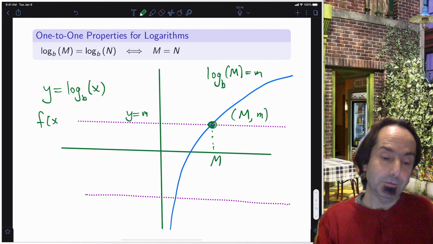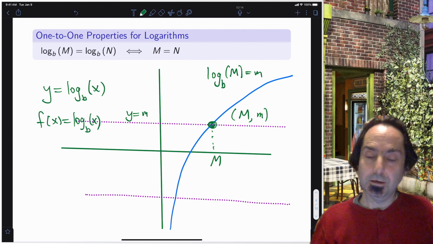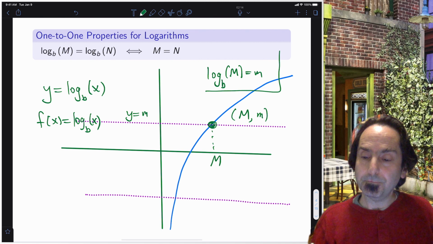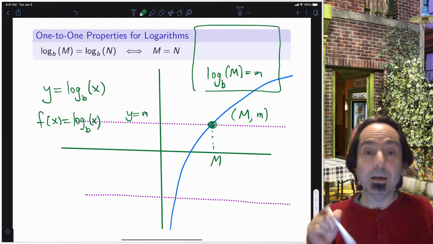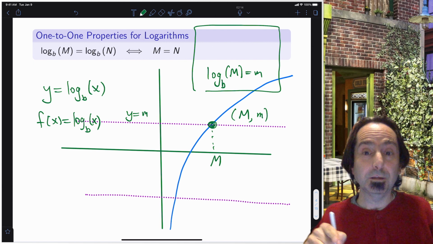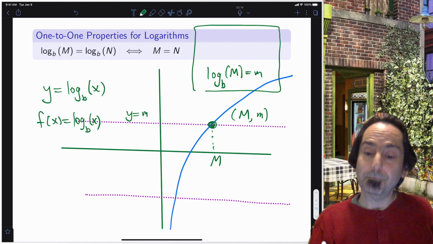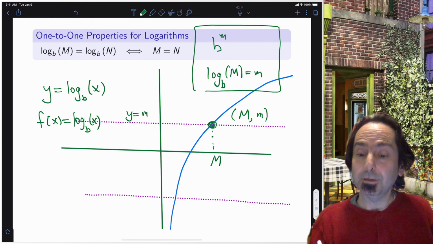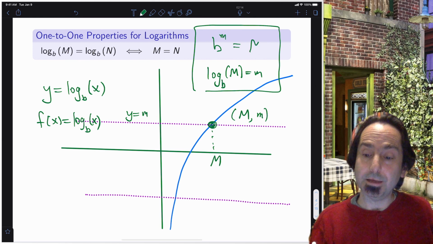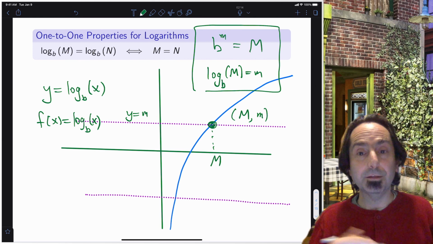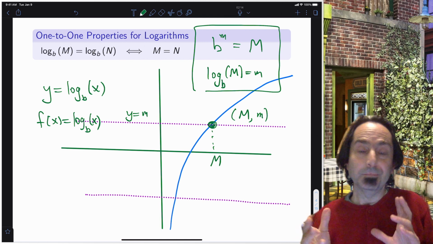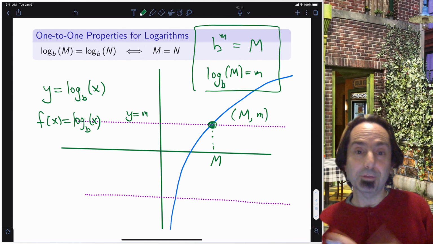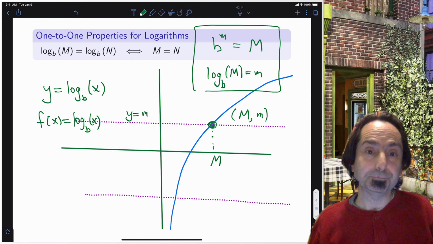Notice that's the log form, but there's an exponential form. Base b, exponent little m, equals the answer big M. And that's just what I had on the other slide. If there's an exponential equation, then there's a logarithmic equation, and vice versa.